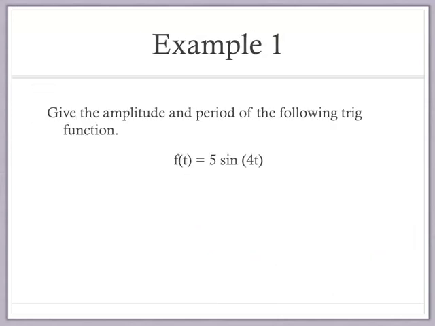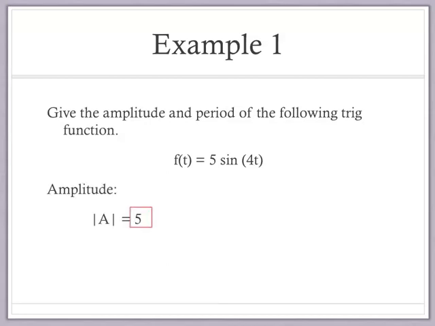All right, let's take a look at example 1. It says, give the amplitude and period of the following trig function. f of t is equal to 5 times sine of 4t. Okay, so the amplitude is given by the number out in front, so that's 5.